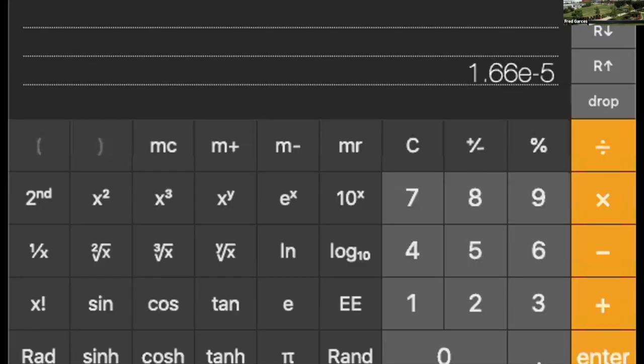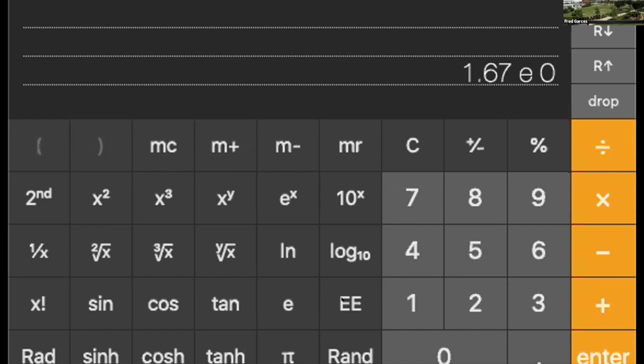So this is a calculator, and what I'm going to do is clear it, and you guys probably have a calculator that you can do this on. I'm going to put 1.67, and I'm going to use this key to get the exponent. You guys should have a double E or an EX function in your calculator, and that's to get it in scientific notation.